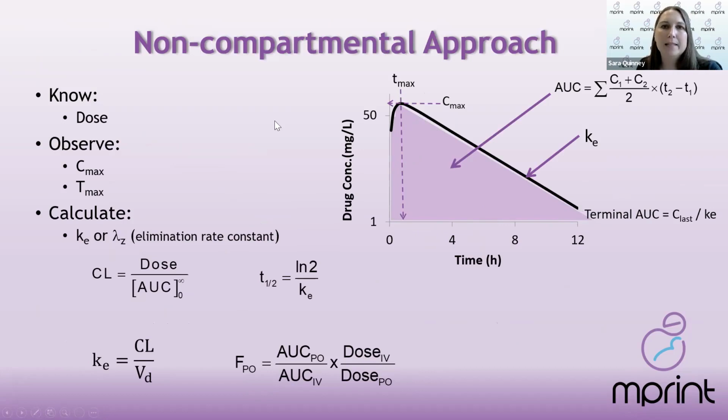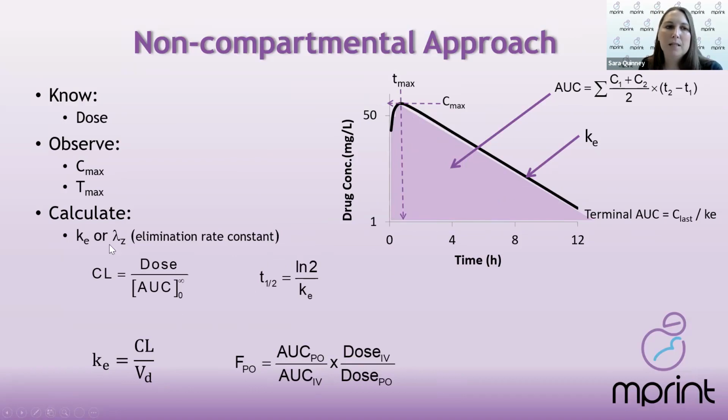When you plot this data on a semi-log plot, so you have log concentration versus time, you can take the slope of the line to estimate the elimination rate constant, or the KE. And you can use what we call the trapezoidal rule, which is demonstrated here, to estimate the area under the concentration-time curve profile. You can also just visually observe Cmax and Tmax from your data.